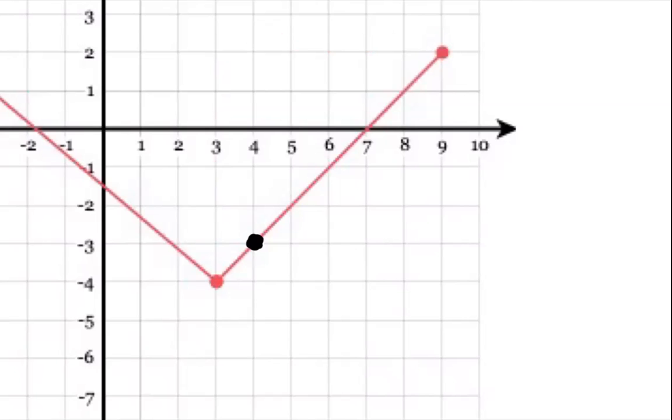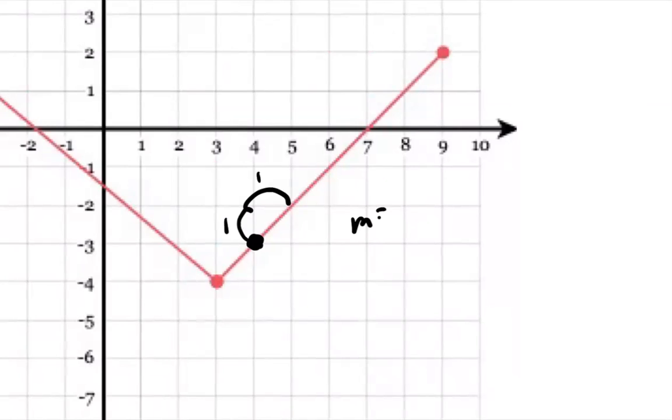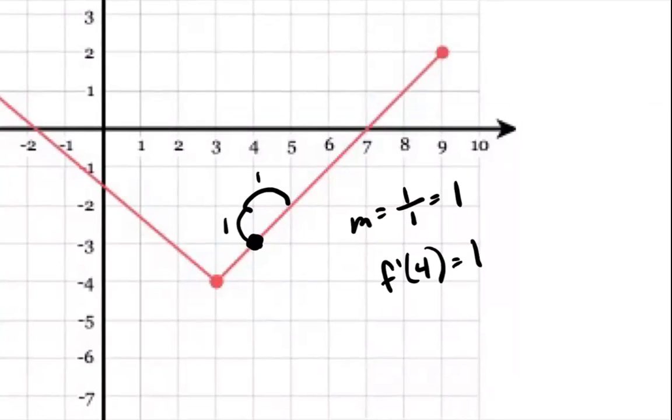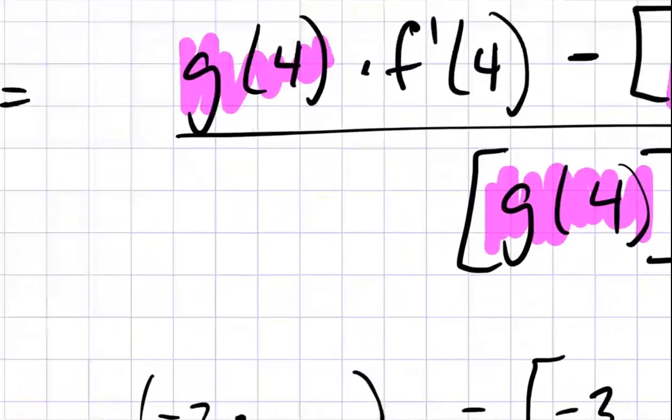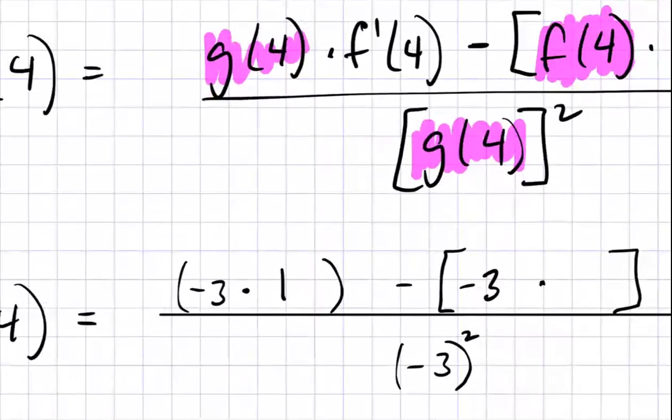The slope is up 1 over 1. So the slope of the tangent line is just 1. So what is F prime of 4? 1. It's the slope where that point is located. Okay. So we're going to put a 1 here.